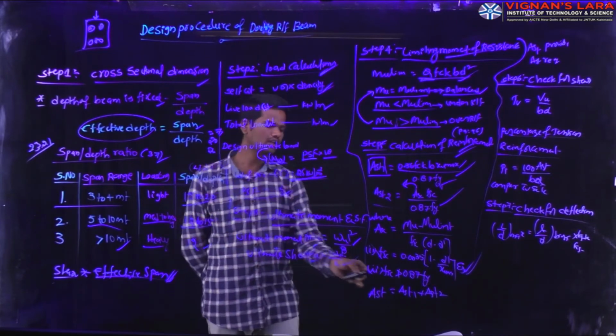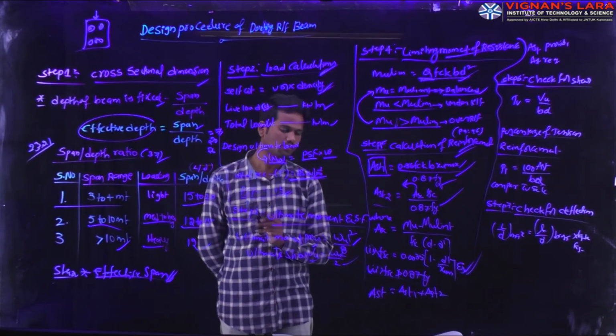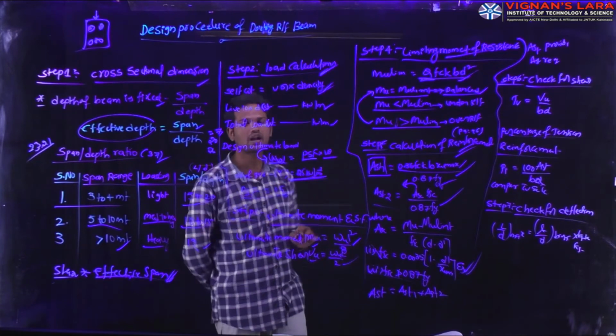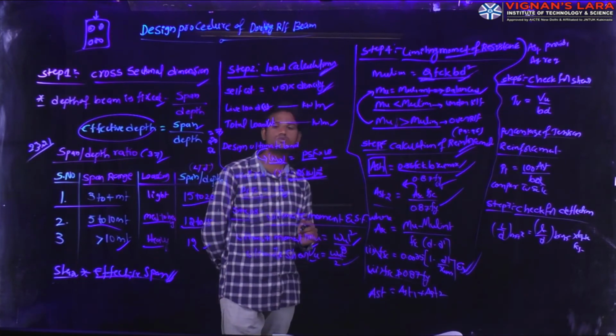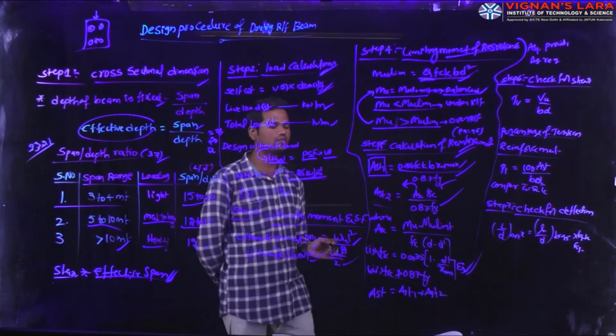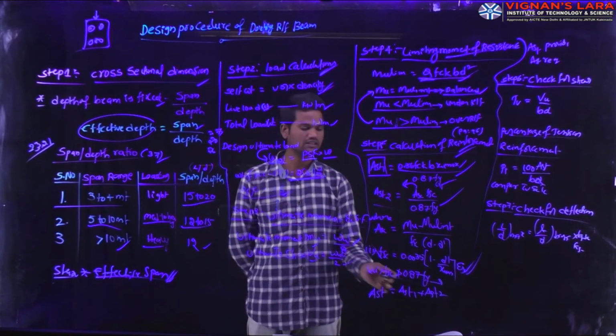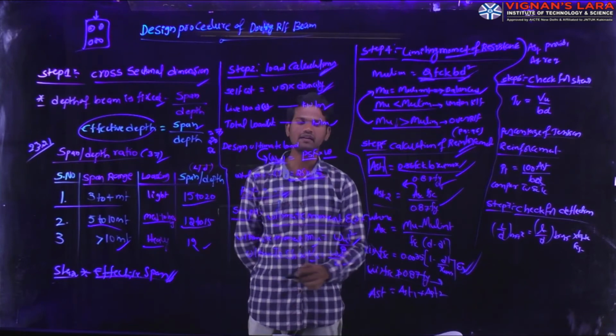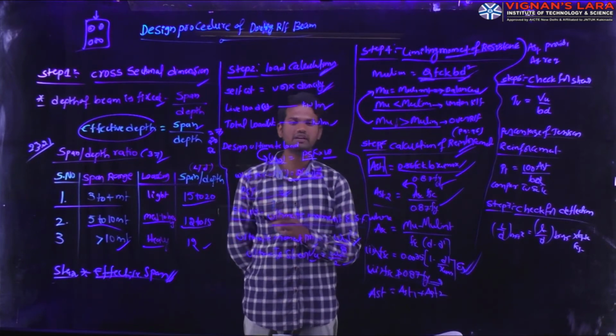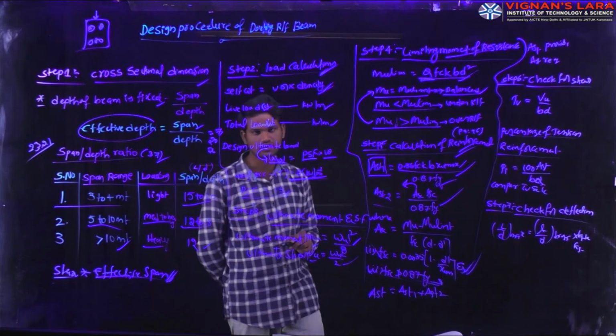Next, I have mentioned one more condition: fsc should not be greater than 0.87 into fy, where fy is the grade of steel. Based on the grade of steel, the stress in steel in compression may vary. It should always not be greater than 0.87 times fy.